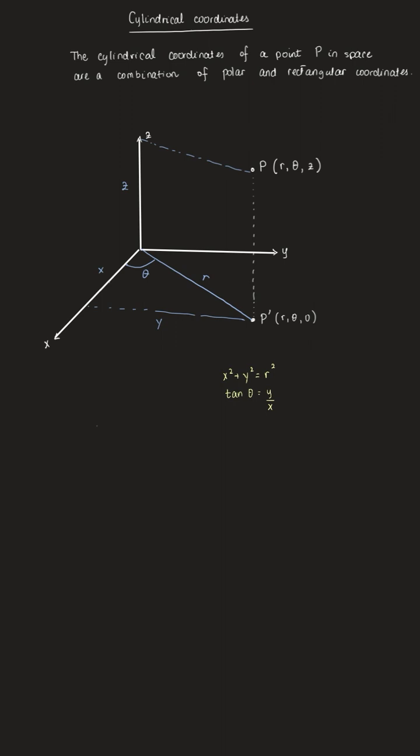And we define x to be r times the cosine of theta, just like with polar coordinates. Y is r times the sine of theta. And z is just z. Z doesn't change. So these are our cylindrical coordinates, and our conversion factors are the same as before, these two as well as these two.